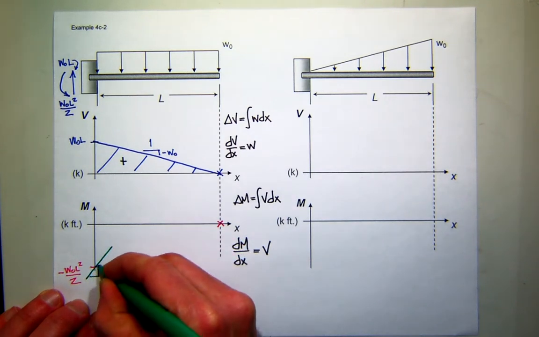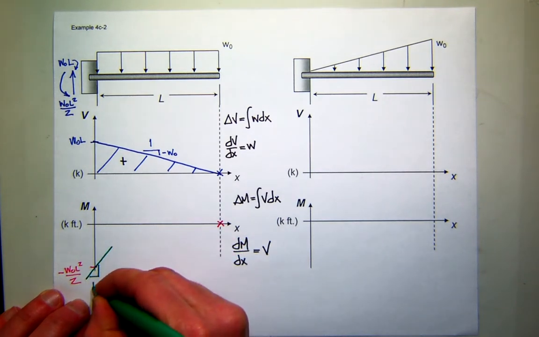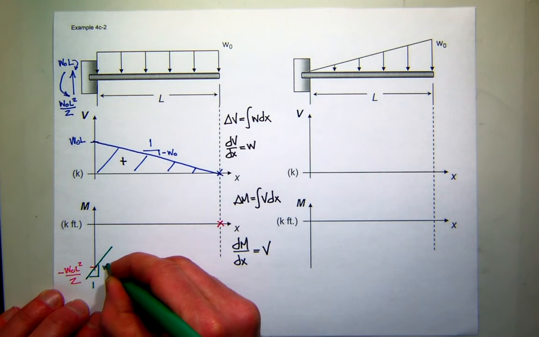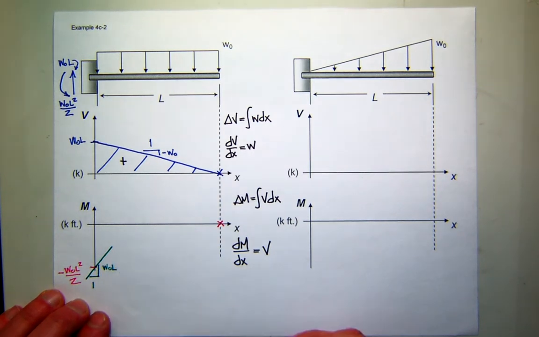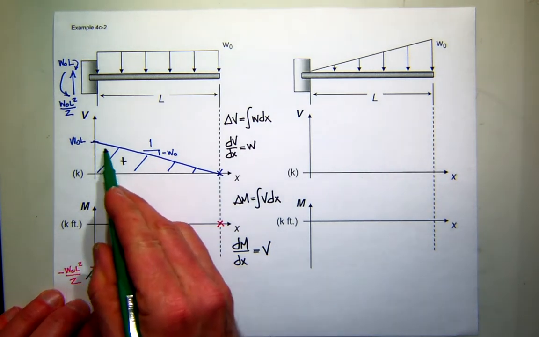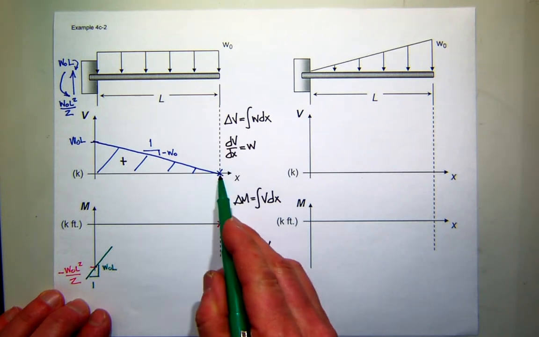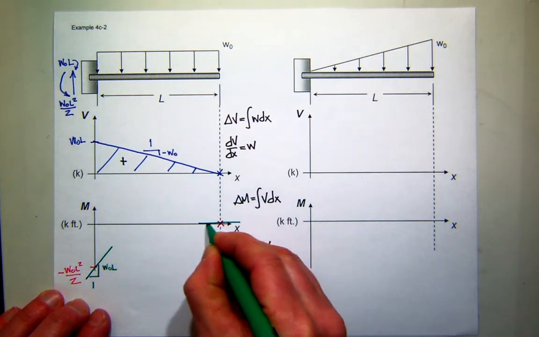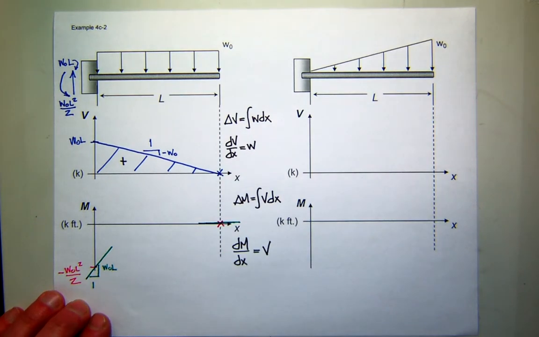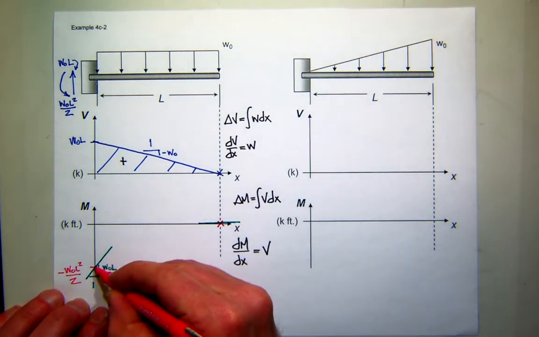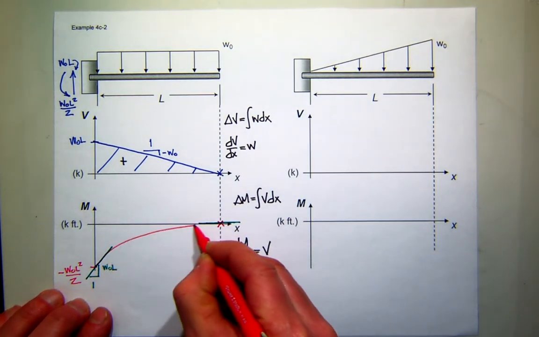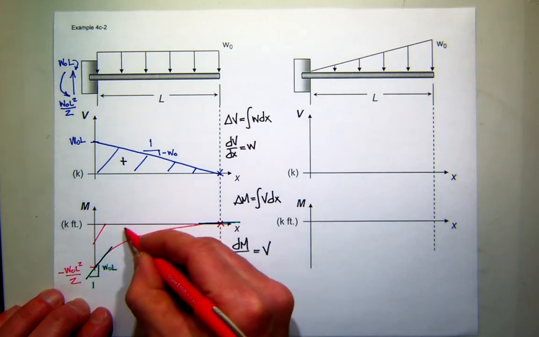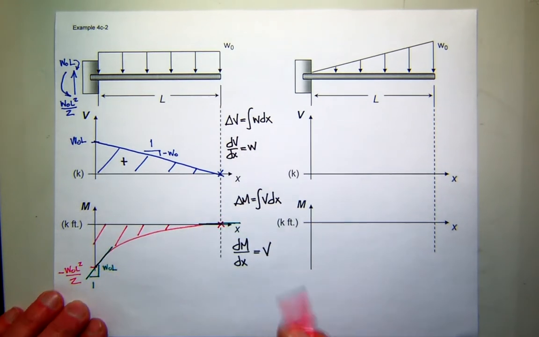In fact, it would be W naught L. And it changes to what as we go along? 0. This is a 0 slope. So what you want to do is connect those slopes. And there is your moment diagram.